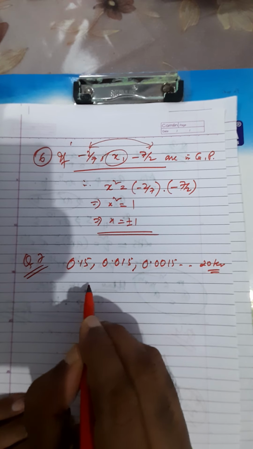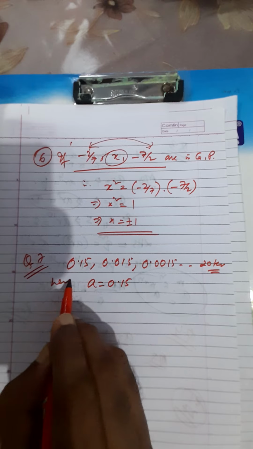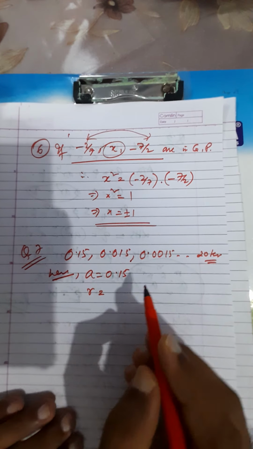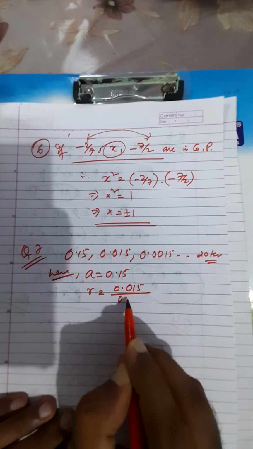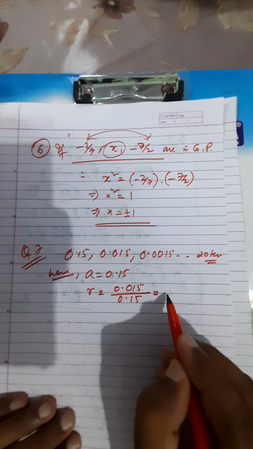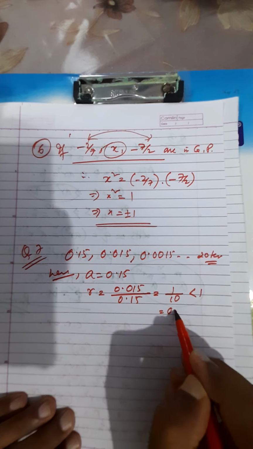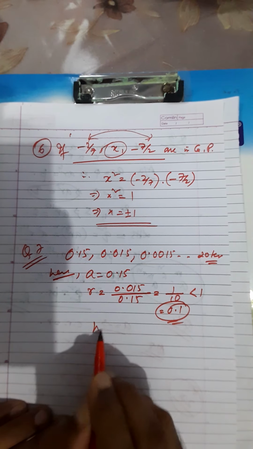Here A is equal to 0.15. R is equal to 0.015 divided by 0.15, that is 1/10, which is less than 1, or you can say 0.1. N is equal to 20.